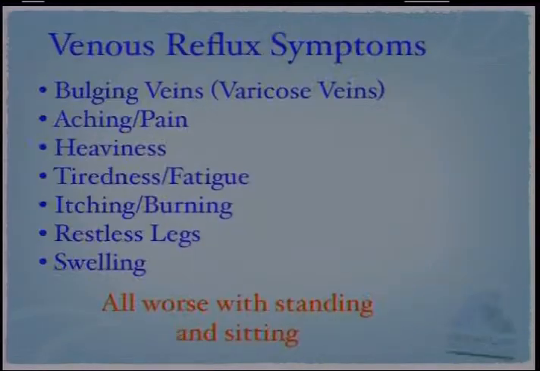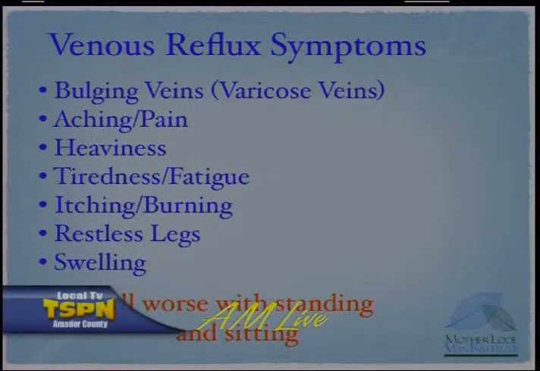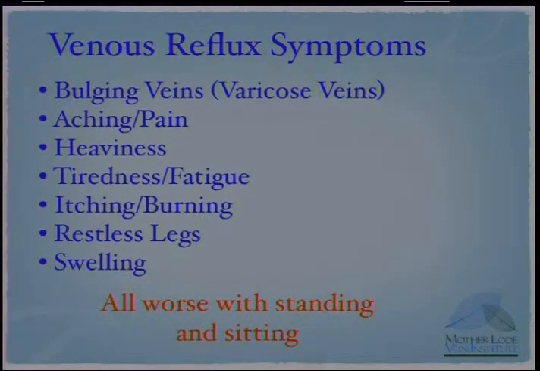These symptoms include bulging veins or varicose veins, aching, pain, heaviness, tiredness, fatigue, itching, burning, restless leg type symptoms, and as you know, swelling. Now, all of these symptoms are typically worse with prolonged standing or sitting. And these are really the most important symptoms to remember that frequently are caused by venous reflux disease.